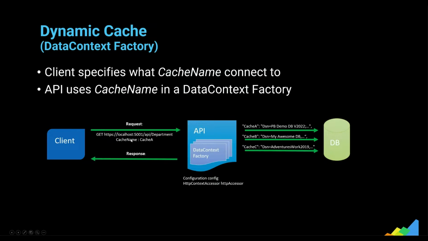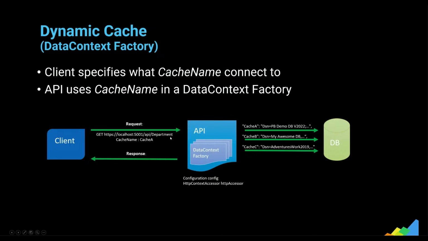Let's say that we have a custom header called cache name, specifying the actual cache name to be selected from those available in the API configuration file. Actually, you can also send it in the query string, but I'd rather avoid exposing this information.